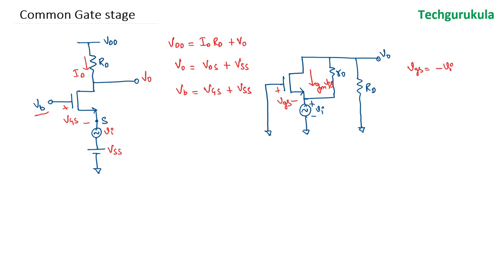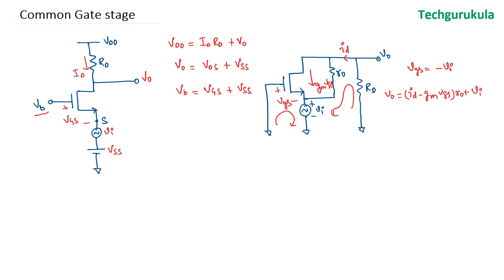If you write the loop equation here, let me take this is the drain current that is flowing through, and if you take a KVL here, we get V0 is equal to the voltage across R0, which will be ID minus GM times VGS times R0 plus the input voltage VI.